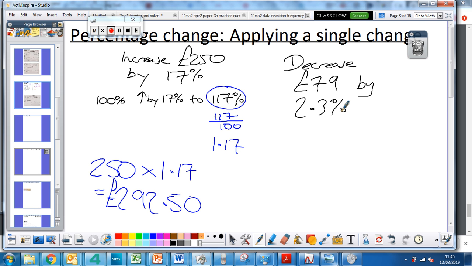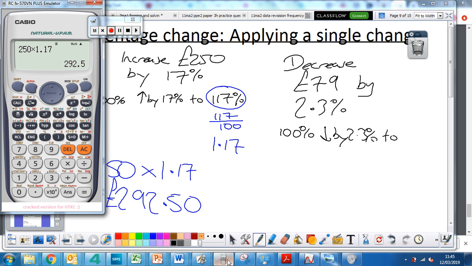It starts at 100%, always starting at 100%. If it goes down by 2.3%, we need a quick look at a calculator. 100, if it goes down, that means subtract 2.3. It's 97.7%. Starts at 100, down by 2.3, ends up at 97.7%.